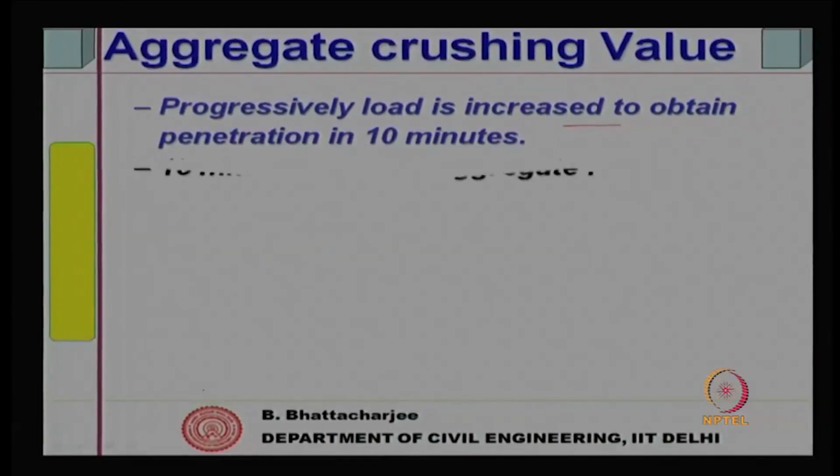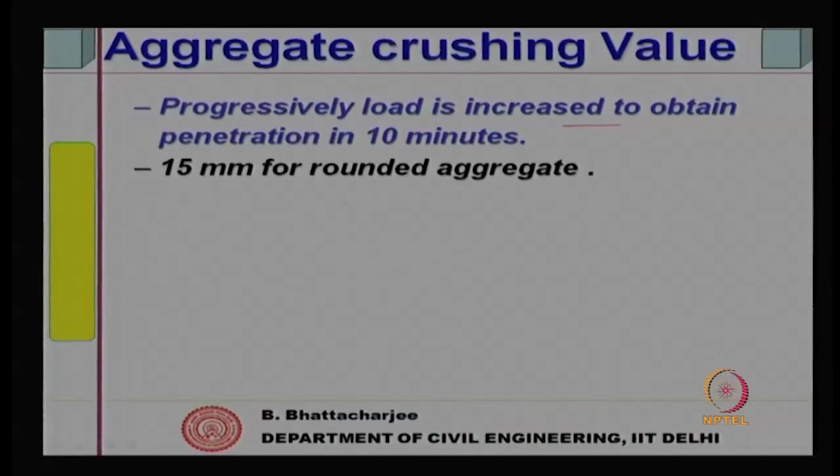So, this should be 15 millimeter for rounded aggregate. This penetration is specified: increase the load such that you get a penetration of 15 millimeter in 10 minutes. Here is your new aggregate after crushing.